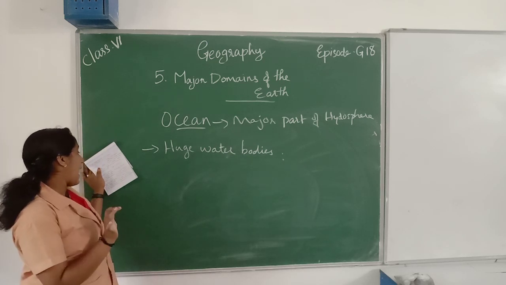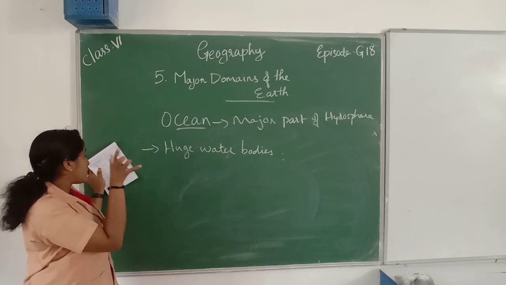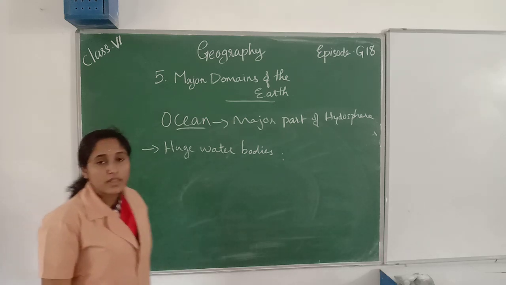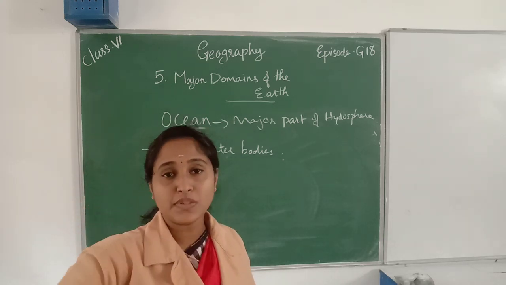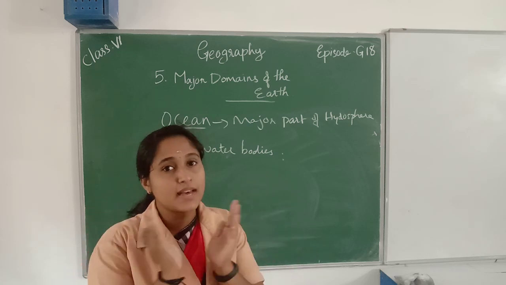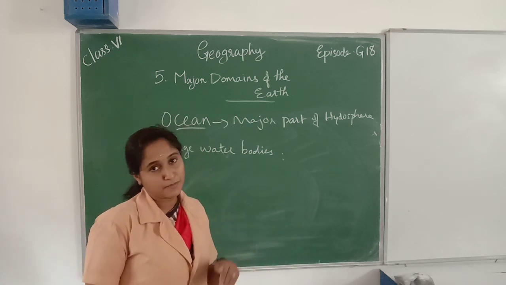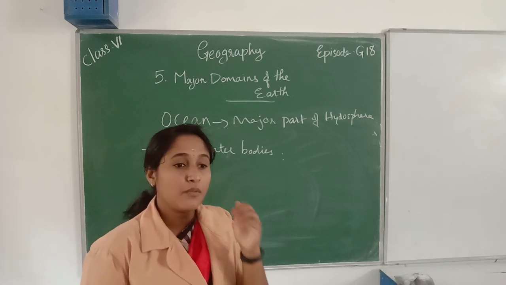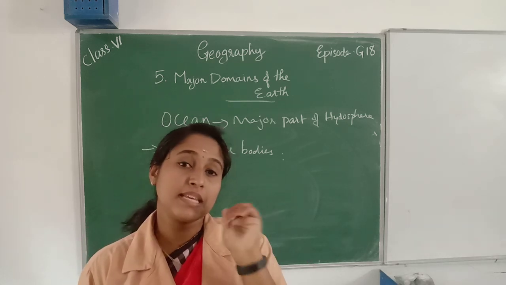So we have three types of movement in ocean. We know that our ocean is continuously moving, right? So ocean waters are always moving. In seas we can see the waves.